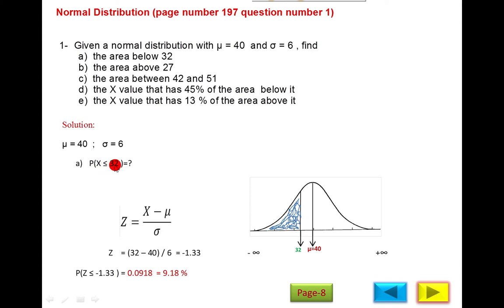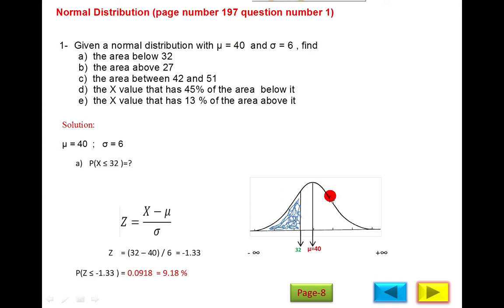If you write x less than 32, it may be 31.99999 and so on, which is approximately equal to 32. So for continuous, if you write less than or less than or equal to 32, both are the same.